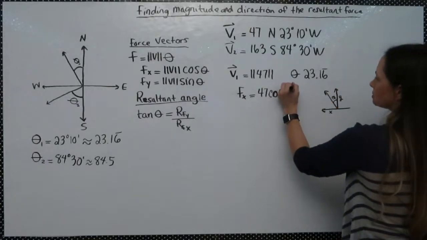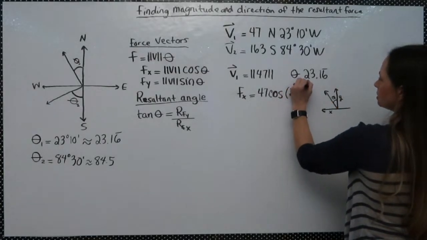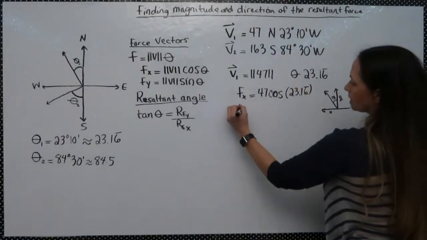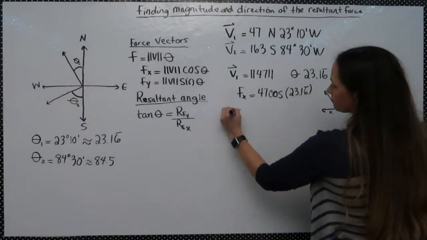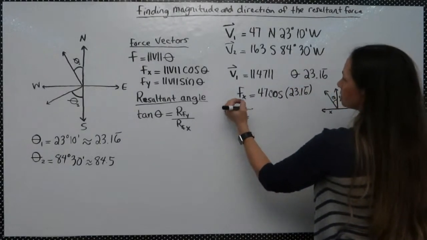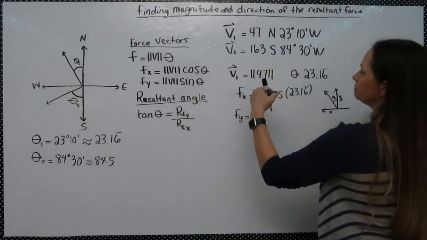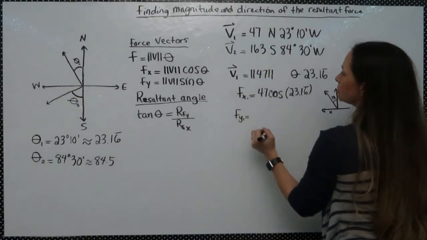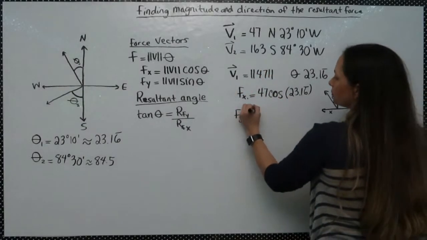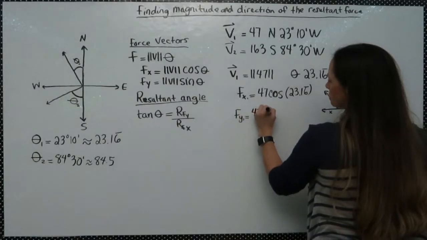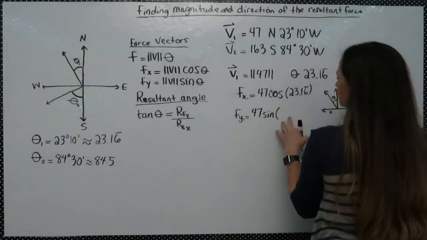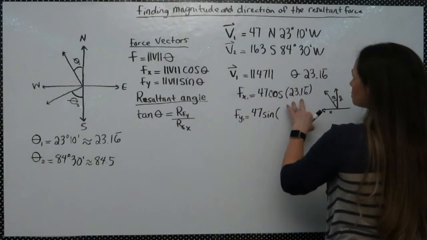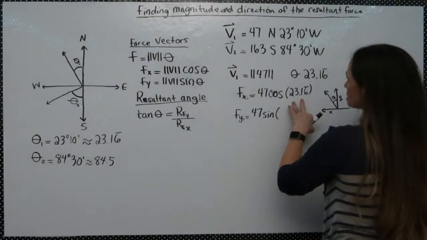So we've got 23.16, and F sub y is 47 sine of 23.16.